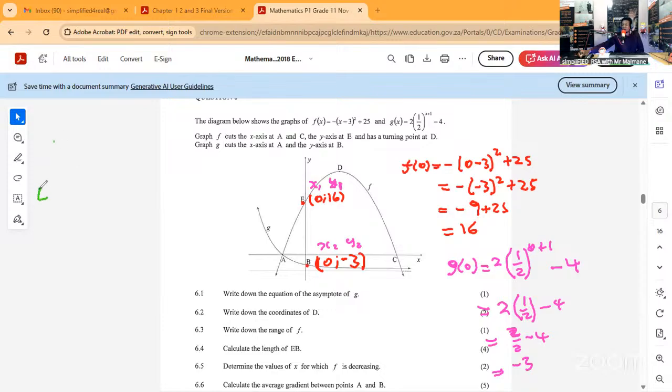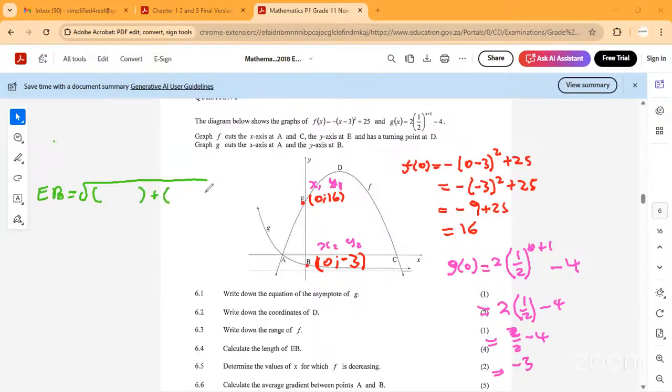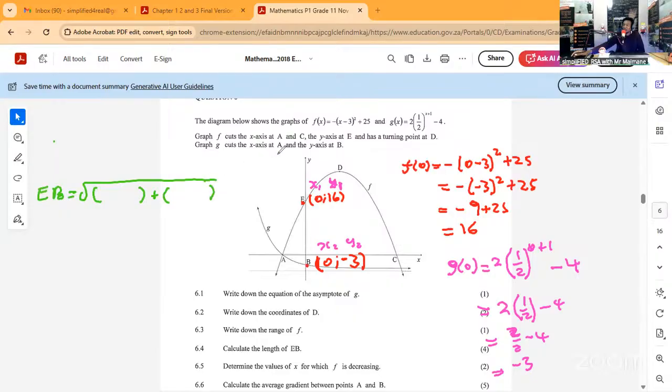Then you can find the distance using the distance formula. So we know that EB is equal to the square root of, what is the formula? I didn't use the formula. What did you do? I just subtracted the negative 3 from the 16. Oh, that's another way of doing it.